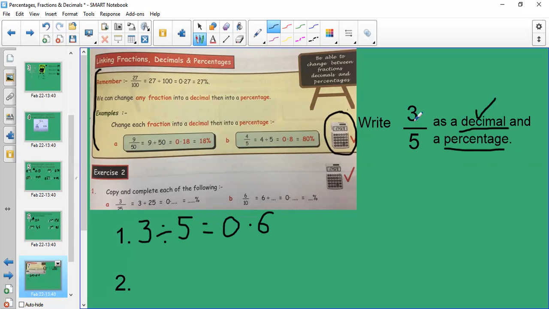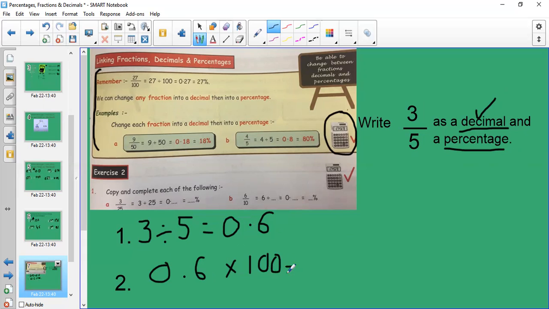You've worked out what 3/5 is as a decimal, it's 0.6, but now we want it as a percentage. So to change our decimal into a percentage, remember we just multiply it by 100. 0.6 times 100 will get us the percentage.